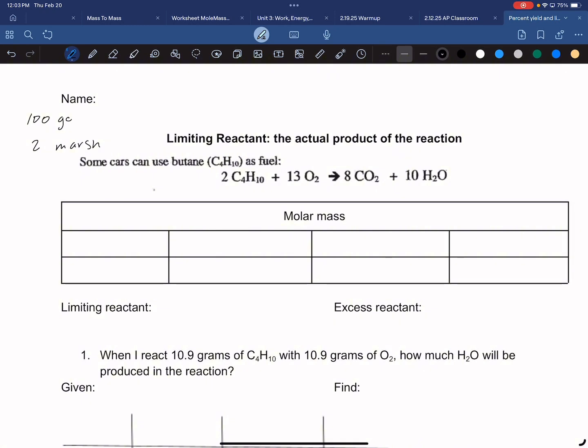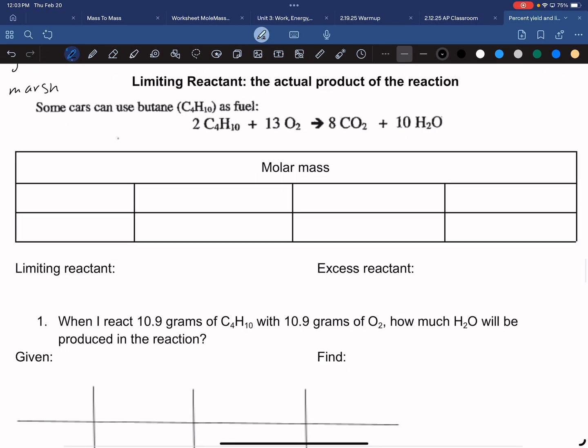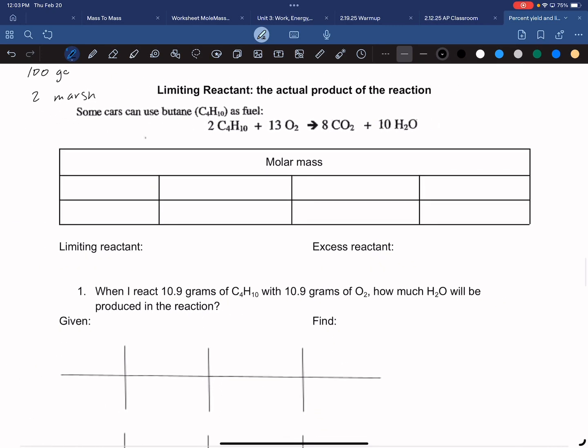So I decided to use the same equation from your other sheet. So that gives you so much less work to do. So let's go ahead and fill in our molar mass. C4H10, what is the molar mass of this? 58. O2, what is the molar mass of this? 32.